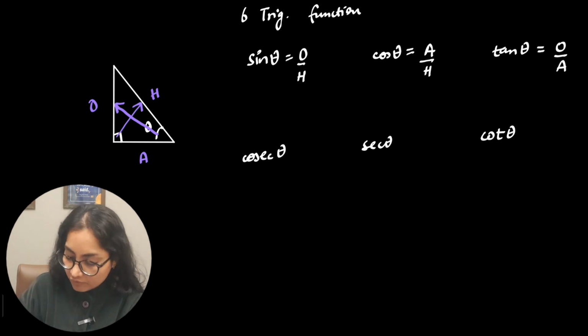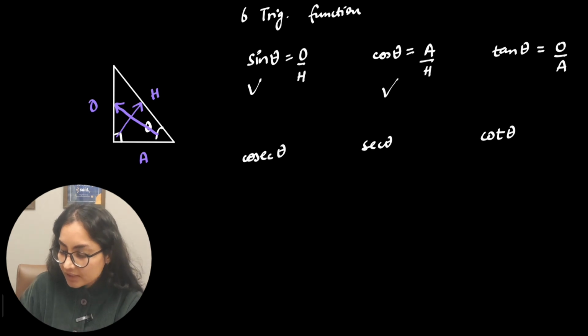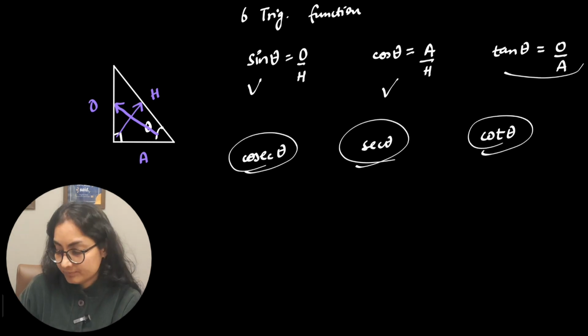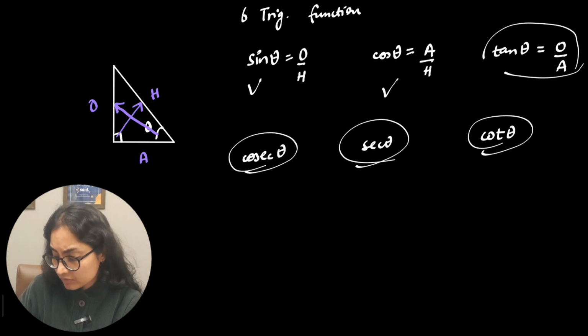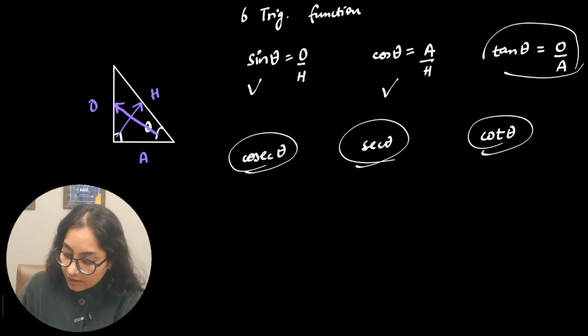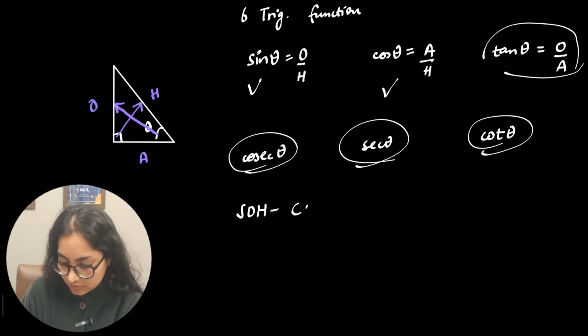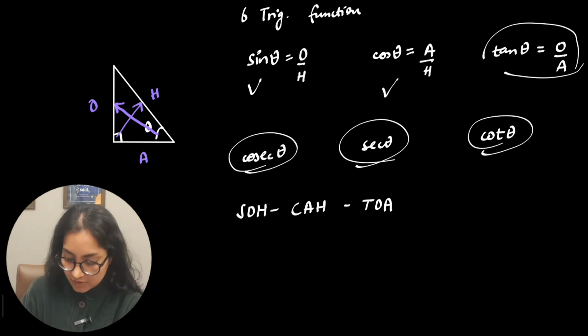So basically you have to learn these two only. The other four can be derived from these two. How? Let's see. You can use this thing, SOHCAHTOA. S stands for sine, which is opposite divided by hypotenuse.